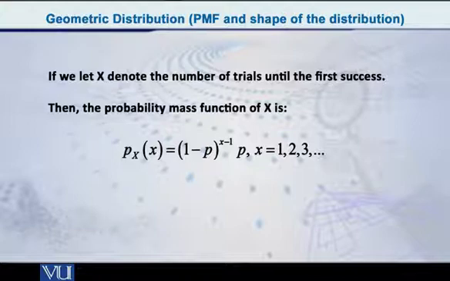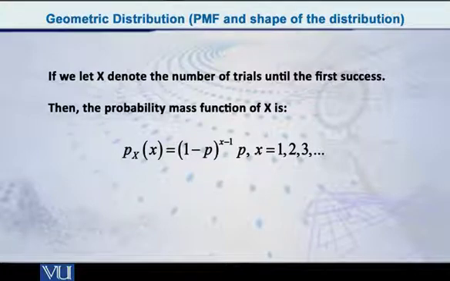So इस वाली चीज़ के लिए this whole scenario, for this we have the geometric distribution, the PMF of which is given by 1 minus P raised to x minus 1 multiplied by P. और इसके बाद एक कॉमा डालेंगे and then we will write x is equal to 1, 2, 3 and so on.